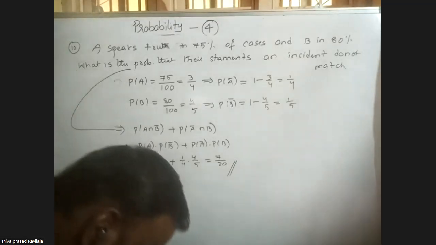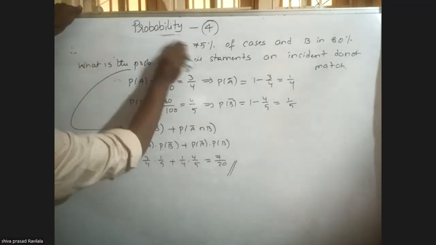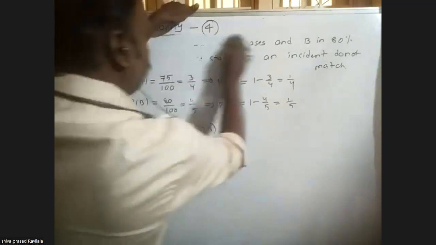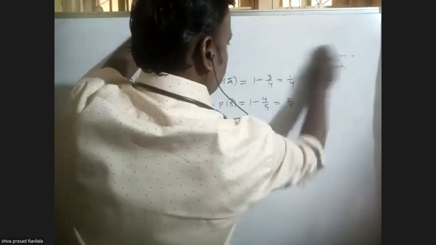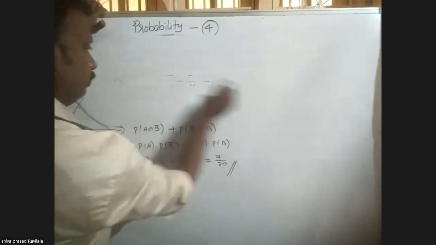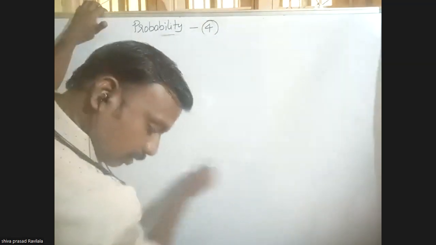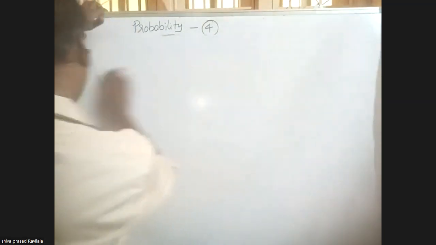Can anybody? A problem solved by A and B. P of A is given as 1 by 3 and probability of B is equal to 1 by 4.